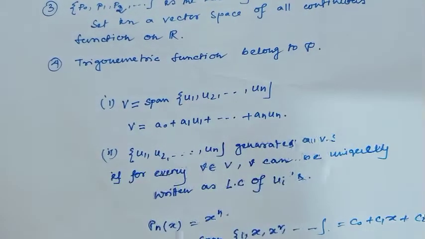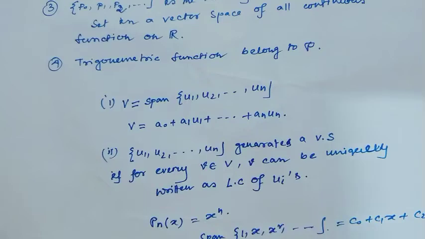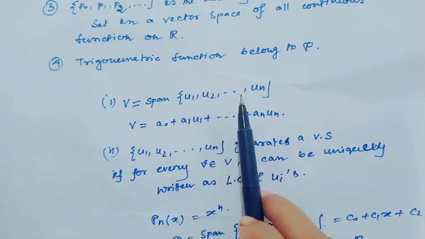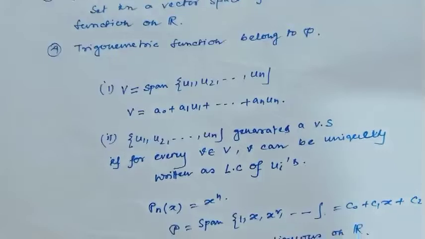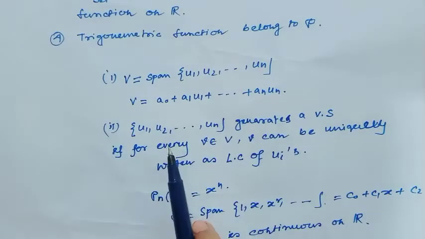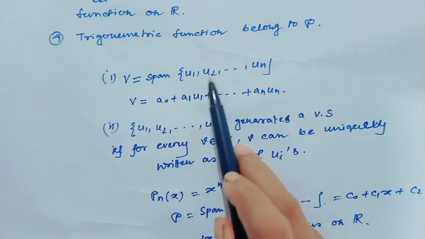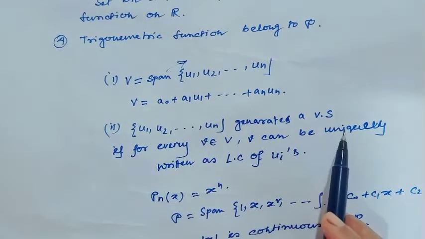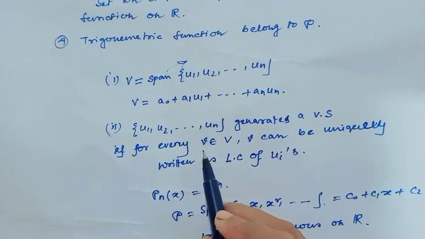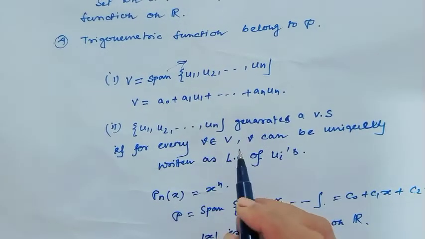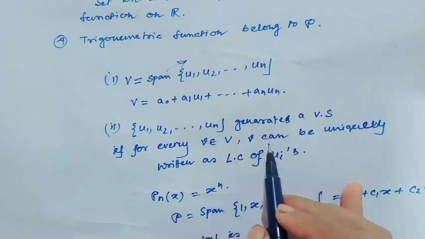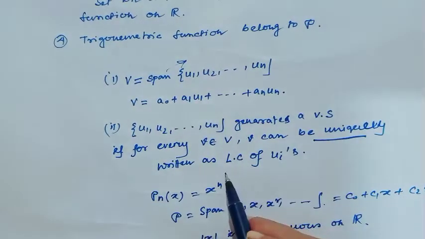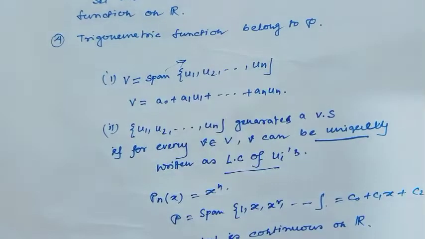That means the vector space V is the finite linear combination of these vectors, and this spanning set generates a vector space if every v belonging to V can be written uniquely as a linear combination of these vectors.